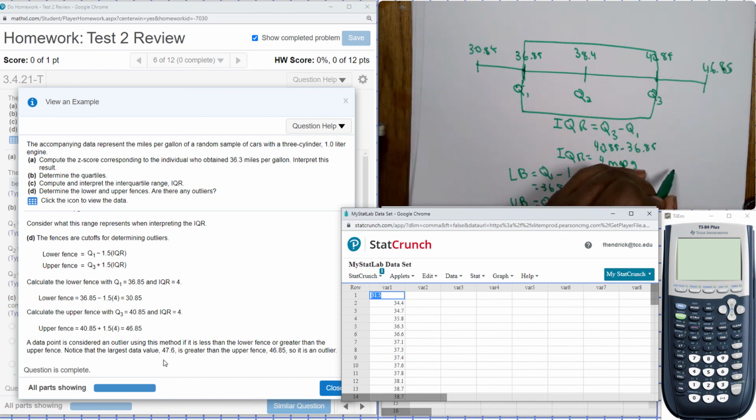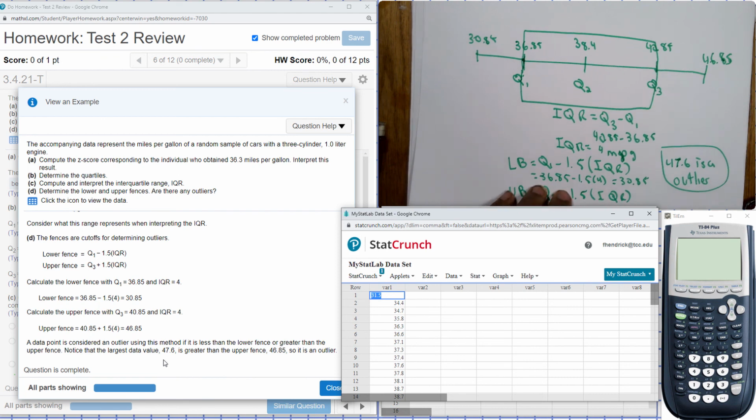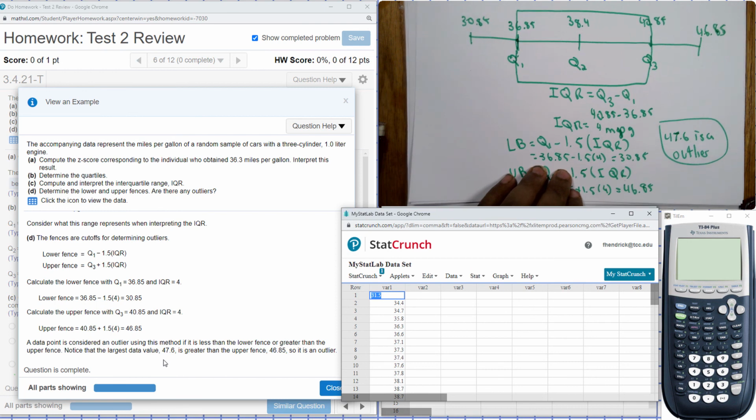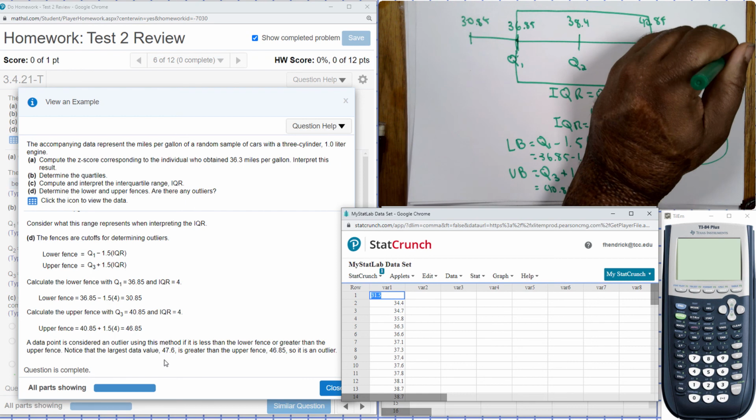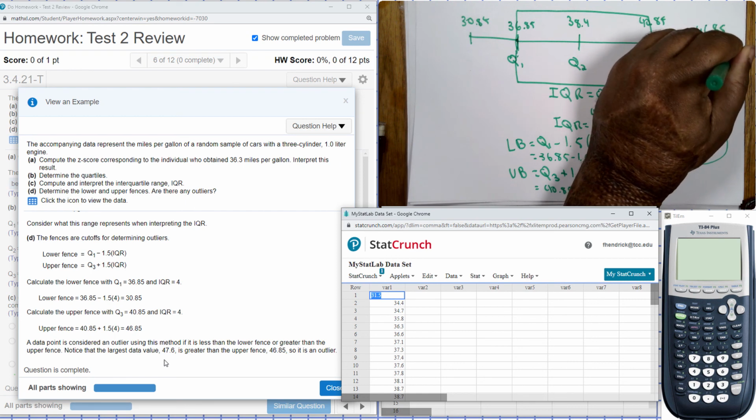So 47.6 is an outlier. And that's called a box plot there. And that will be somewhere out here, the outlier by itself. 47.6 is the outlier.